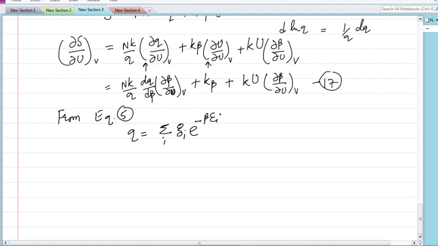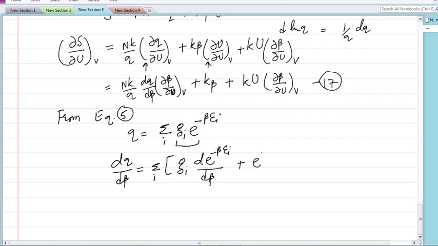If we differentiate this with respect to beta, that means dou Q upon dou beta will be equal to, here you will see this is a uv function again, so we will write the summation outside and simply differentiate the other part: d of e raised to the power minus beta ei upon d beta, plus e raised to the power minus beta ei times dgi upon d beta.